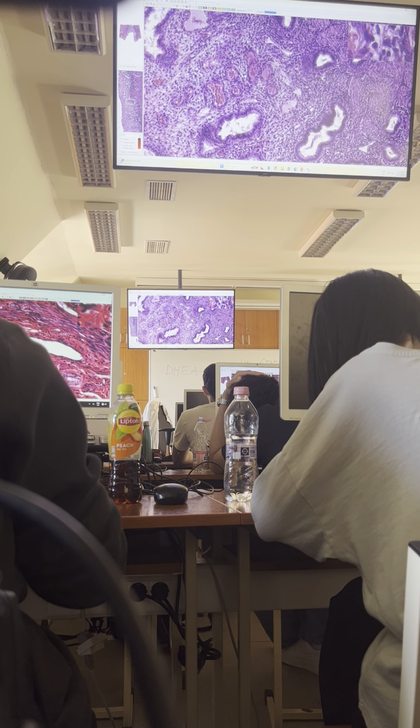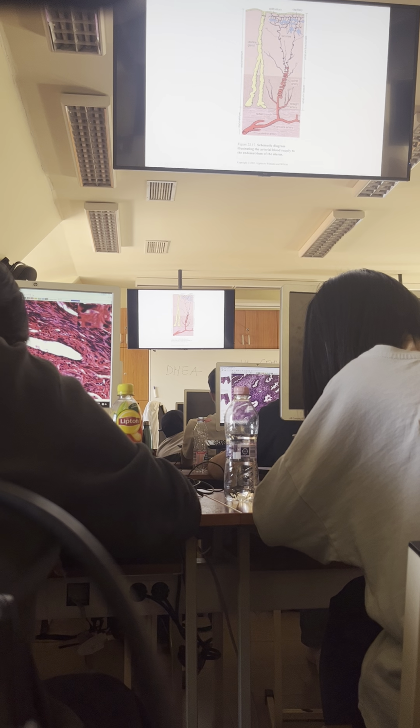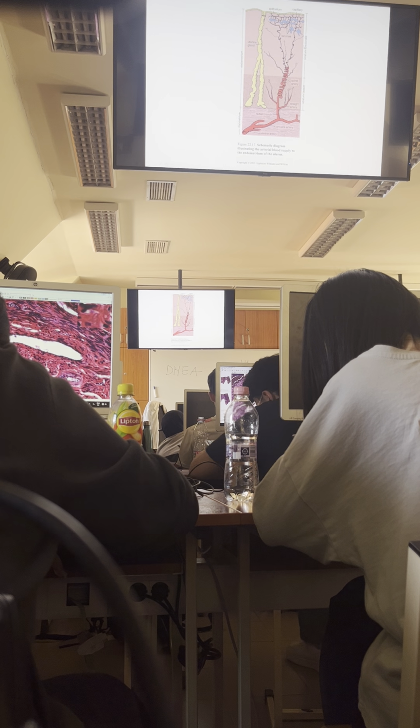This is not happening because blood stopped flowing here. So cells in the functional layer will suffer from hypoxia, lack of oxygen, and they cannot get enough nutrients. Therefore they start dying, and eventually they die.